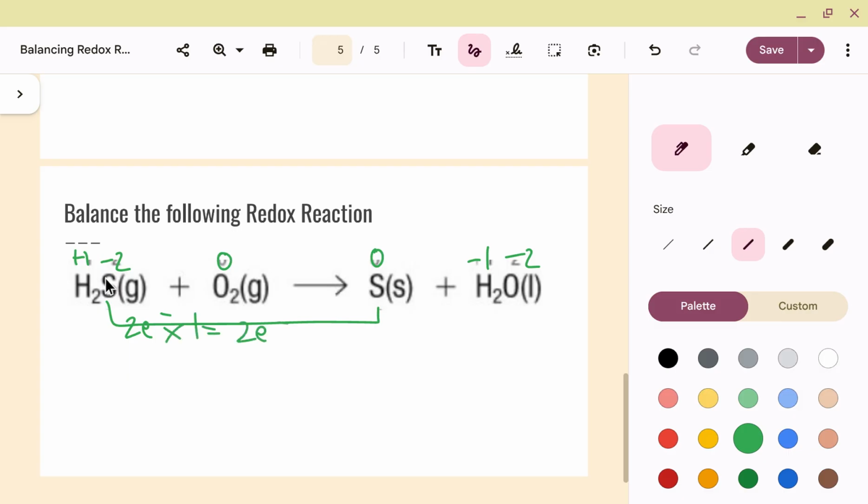And oxygen is going from 0 to -2, so that is also an exchange of 2 electrons, but this time we have a 2 here, so we have 2 atoms undergoing that change, so that's a total of 4 electrons. To balance this out, we'll need to multiply our H2S by 2 so we can get 4 electrons being exchanged, and then balance the rest by inspection. So I believe we need a 2 here and a 2 here.